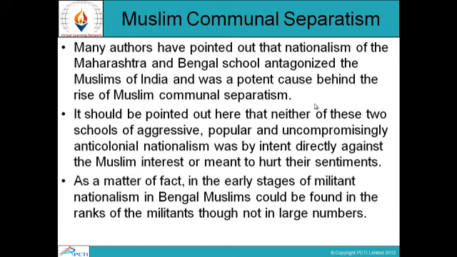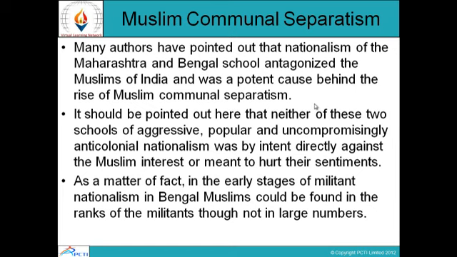It should be pointed out here that neither of these two schools of aggressive, popular and uncompromisingly anti-colonial nationalism was by intent directly against Muslim interests or meant to hurt their sentiments. It was not meant to hurt any religious sentiments.